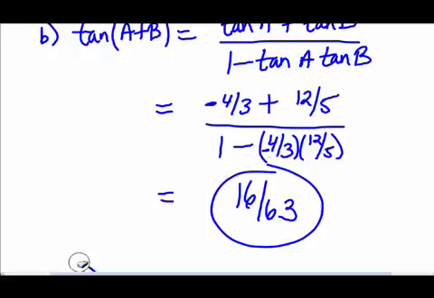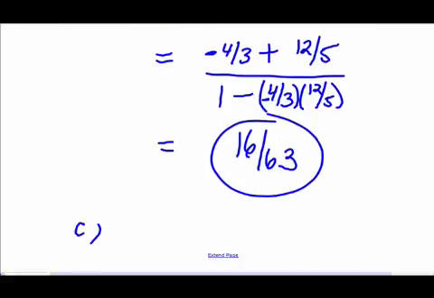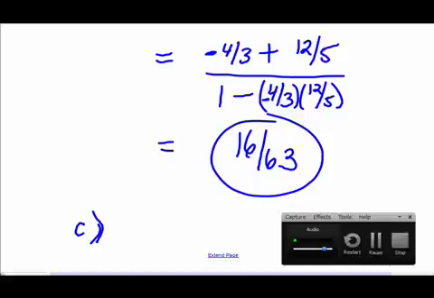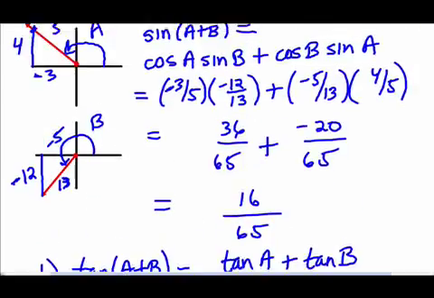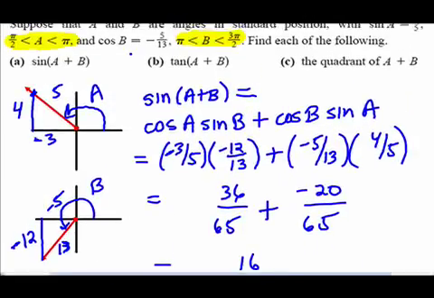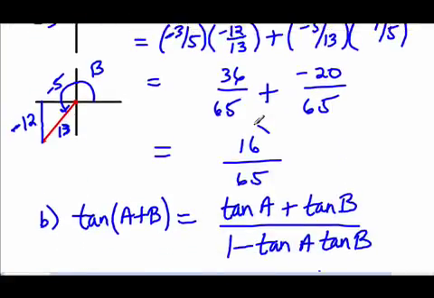The question for C would like to know, what quadrant is this angle A plus B in? So what we have is I have to go back up here and take a look at the sine of that angle and the tangent of that angle. A told us sine is positive, right?